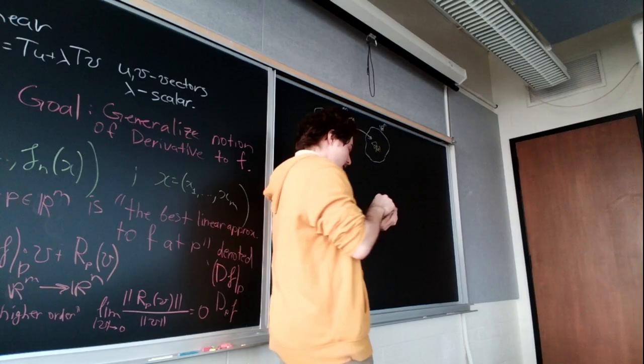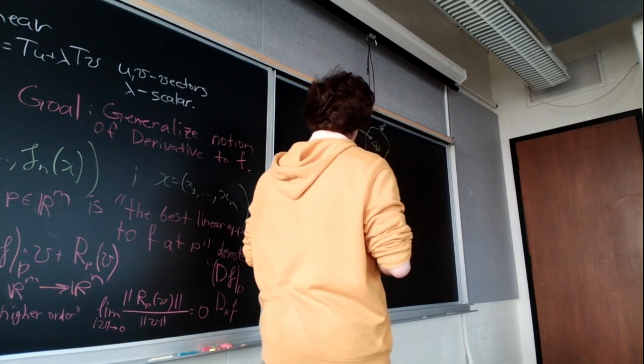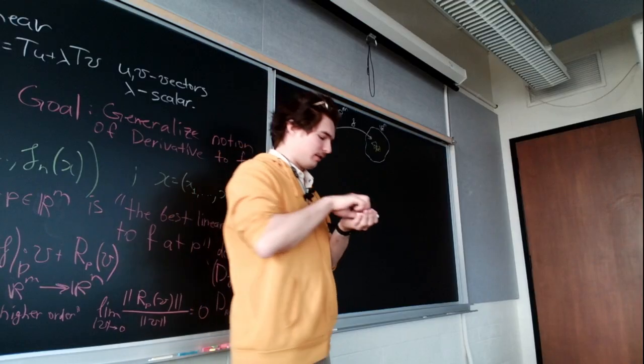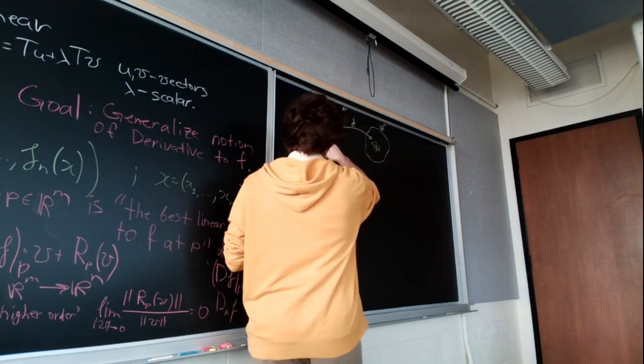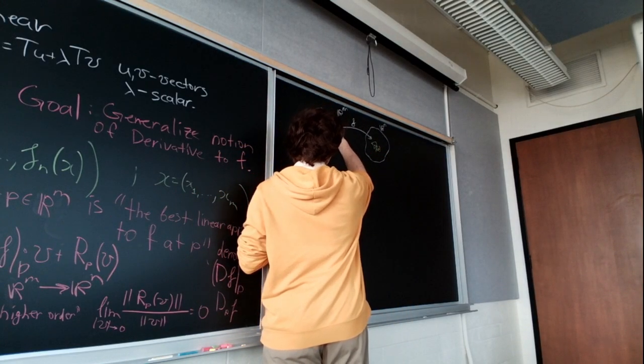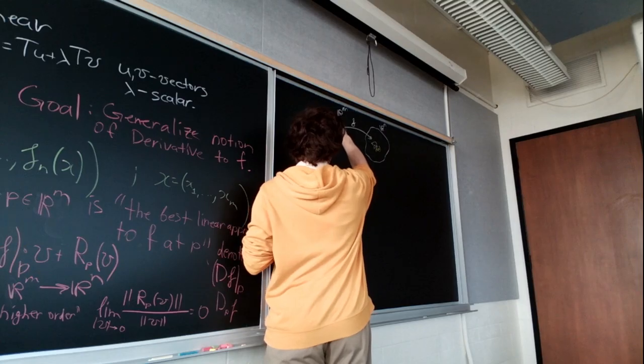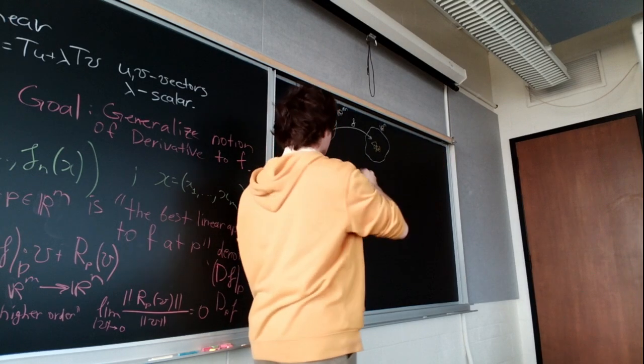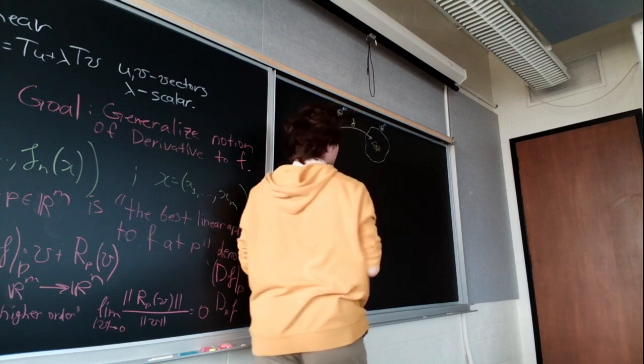Okay. So the next question that we ask, kind of trying to unravel this definition, is suppose I started at p and went away from p by some vector v. Do you agree?